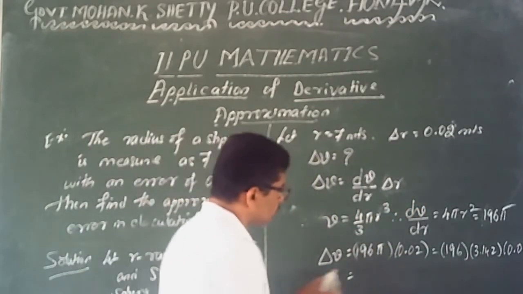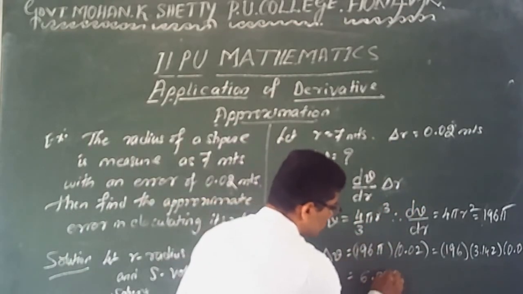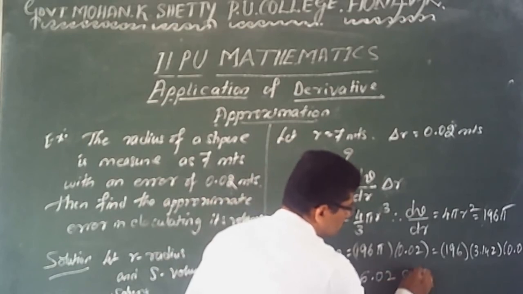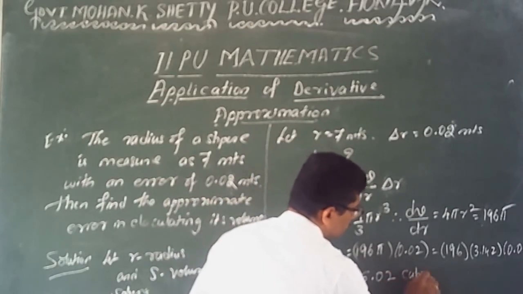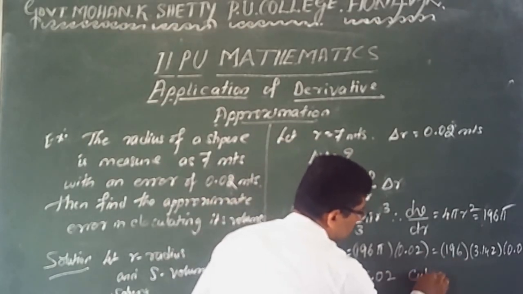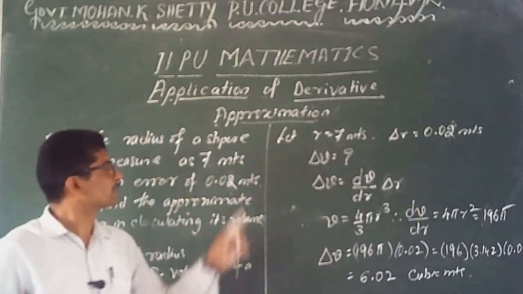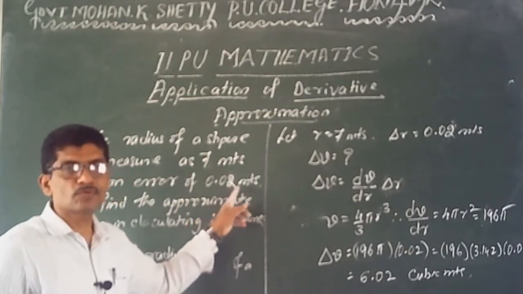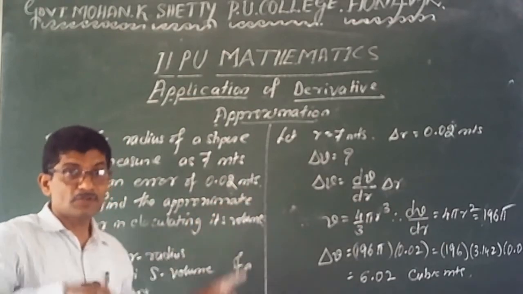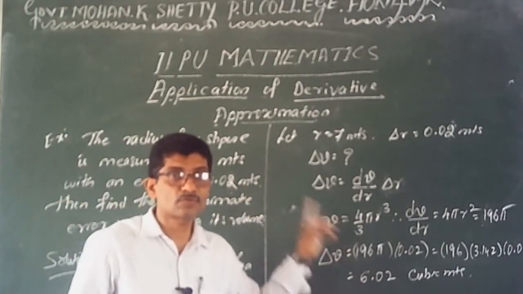Its value is equal to 6.02 cubic meters. Here the calculating error is very small, 0.02 meters. Then volume is changed by 6.02 cubic meters.